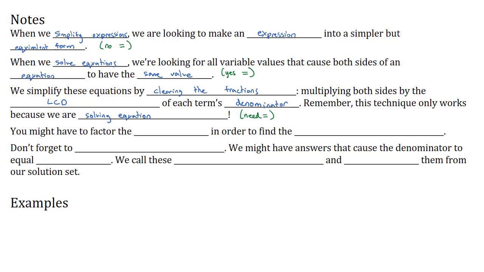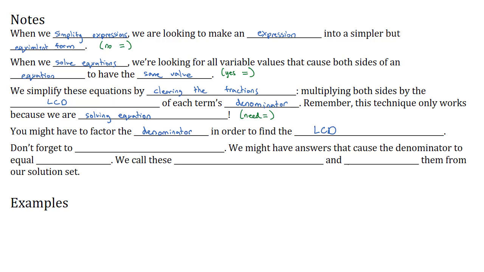Now, in order to find that least common denominator to clear the fractions, we might have to factor the denominators. Also, one thing to be very careful of is that as we reduce, we might be reducing out something that creates a false solution that does not actually work.